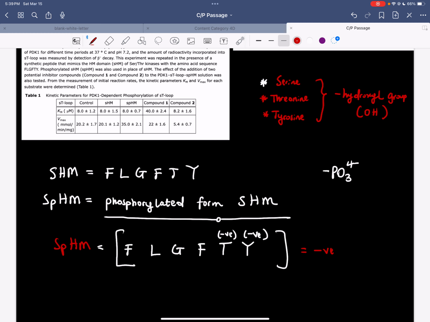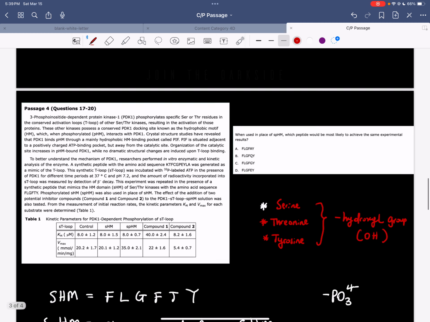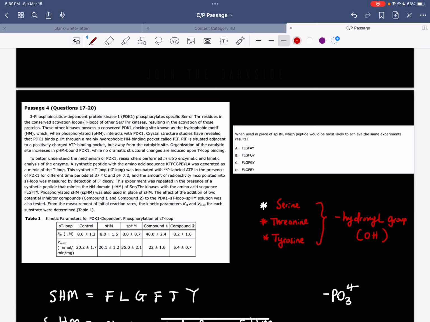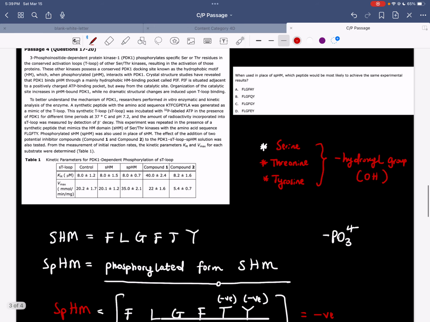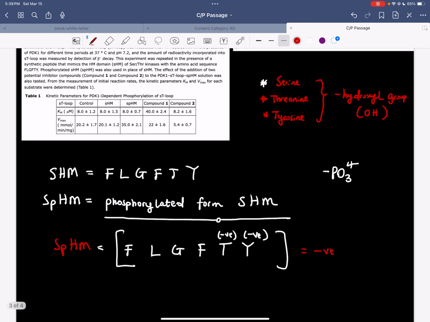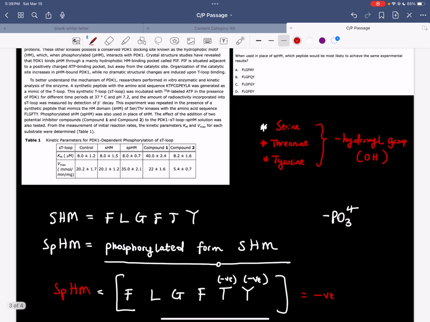Now they're asking which of these peptides would achieve the same experimental result, which basically means a similar effect. In biochemistry, you can find effect based on sterics or on electronics.